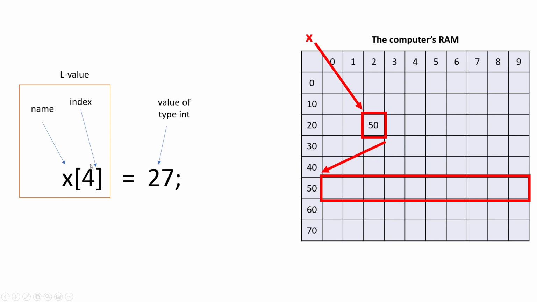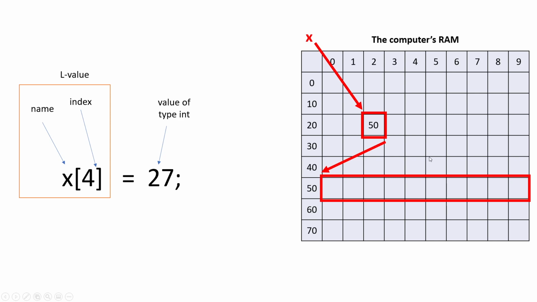Now in this case, I want to change value number 4, and in programming we count from 0, so value number 4, that's 0, that's 1, that's 2, 3, and then this is value number 4. Now you can see how this makes sense in programming, because if I've started from location 0, then I'm now in location 54 here. 54 is that square.